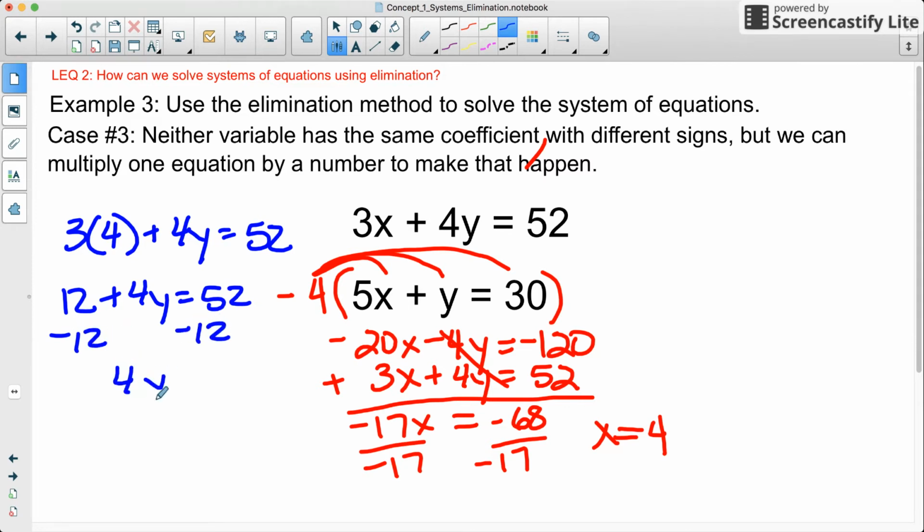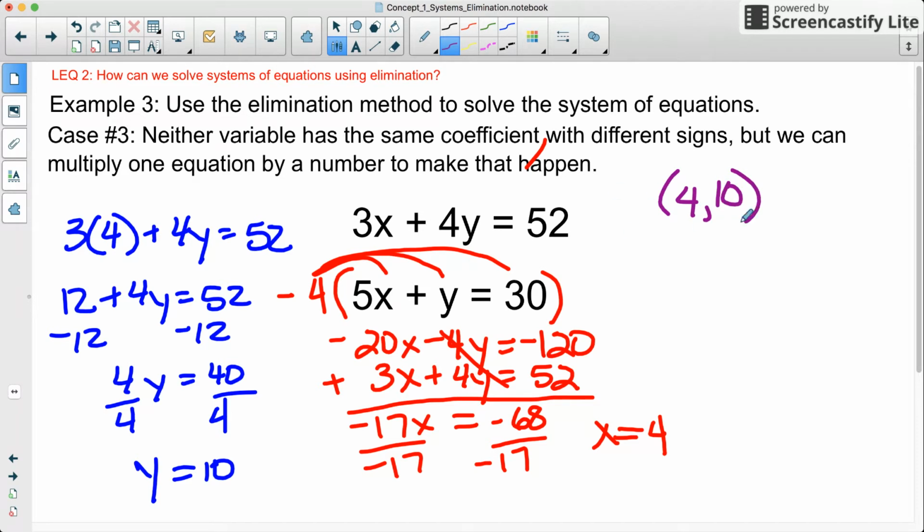So I get 4y equals 40. Divide both sides by 4. Y equals 10. So my solution to this is 4, 10. And I always have to write my solution as an ordered pair with x and y in the ordered pair.